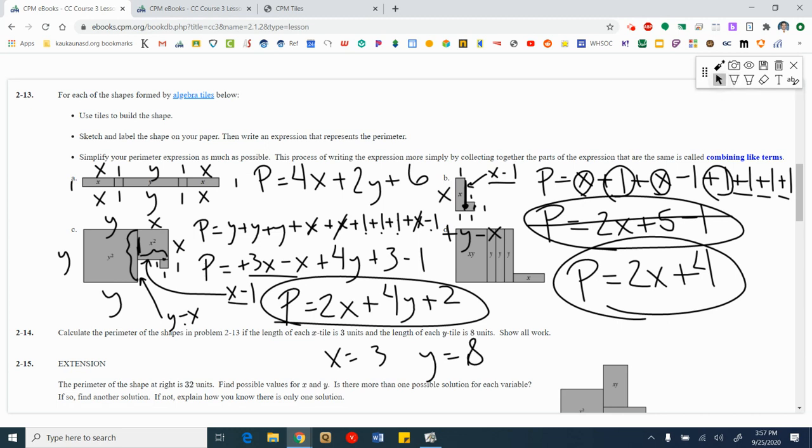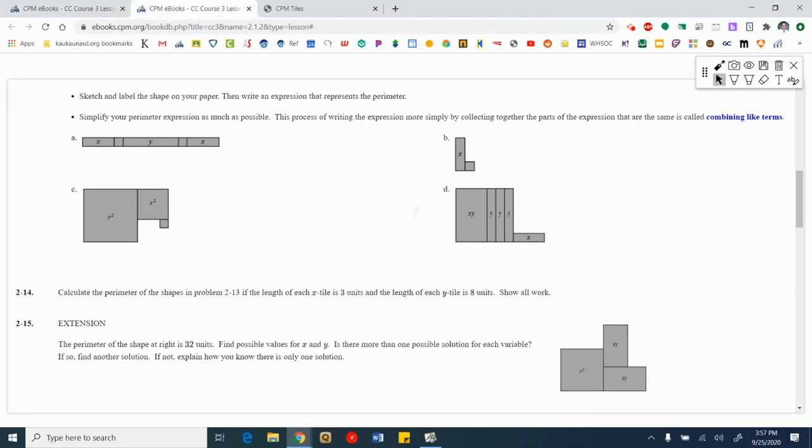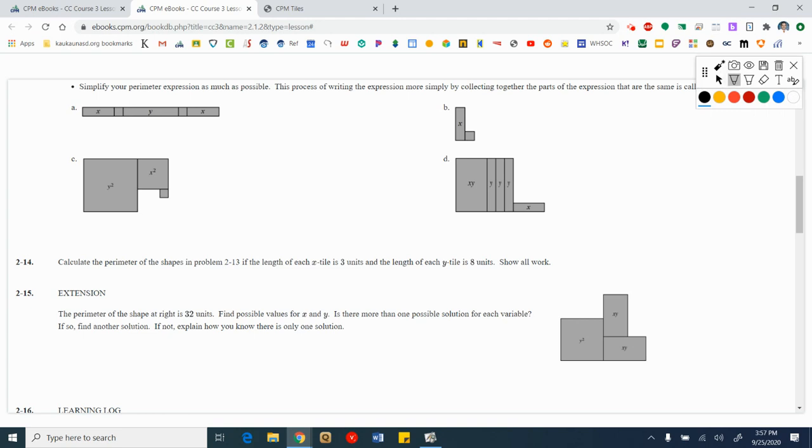So I'm going to go ahead and jump. All right, where's my first one? 4x plus 2y plus 6. I'm saying, well, x equals 3 and y equals 8.